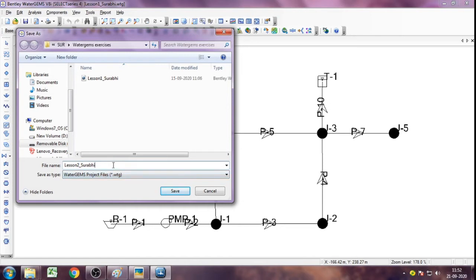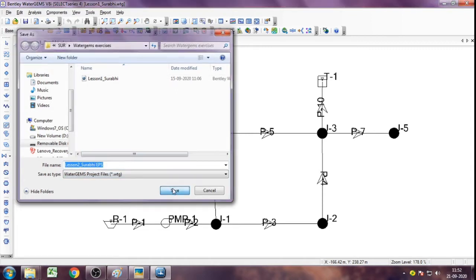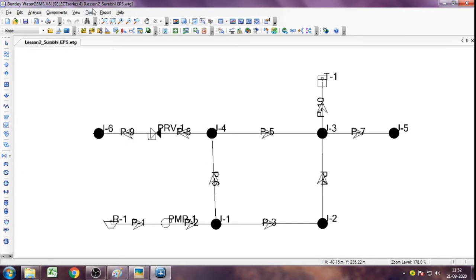Lesson number 2 should be EPS. By doing this, I am making another copy of lesson number 1 and renaming it lesson number 2 EPS. Save. You can see now my file is lesson number 2 EPS. I am not working on lesson number 1.